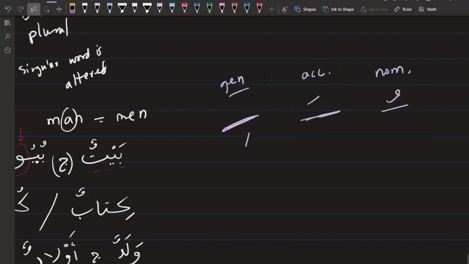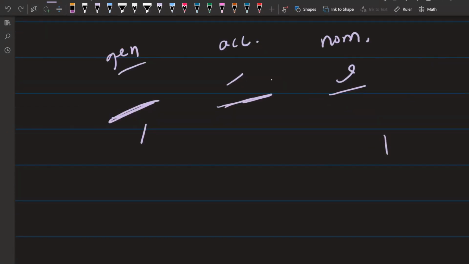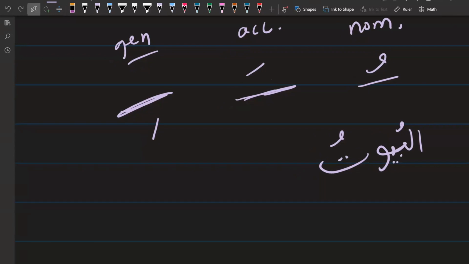For example, you want to say the houses are big. In the nominative case, you can say al buyutu. See, you're adding dhamma. Then you want to say I saw. You saw the houses.